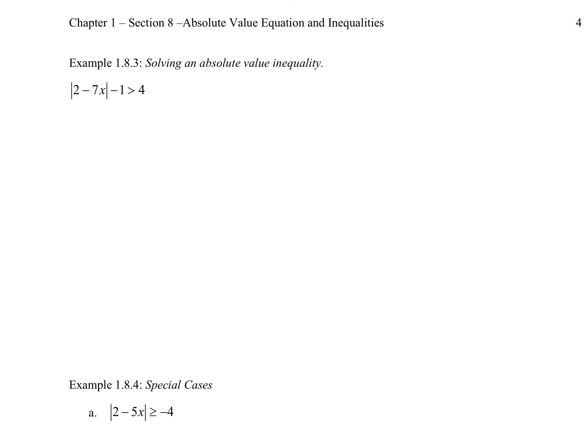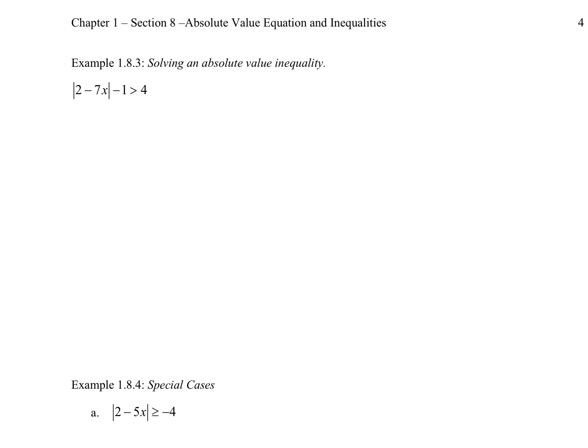Last handful of problems. Okay, in this example, we can't do anything until we isolate that absolute value. So I'm going to add the 1 over and add the 1 over. So I have the absolute value of 2 minus 7x is greater than 5.